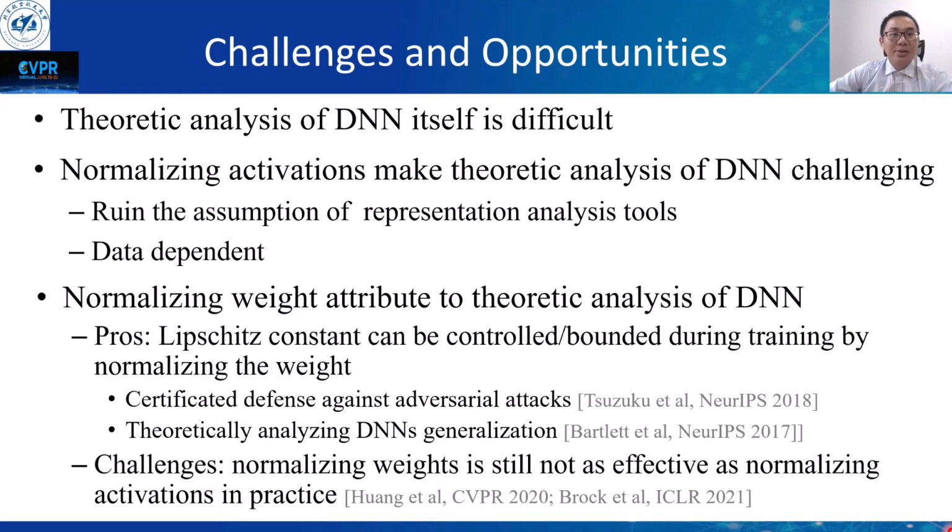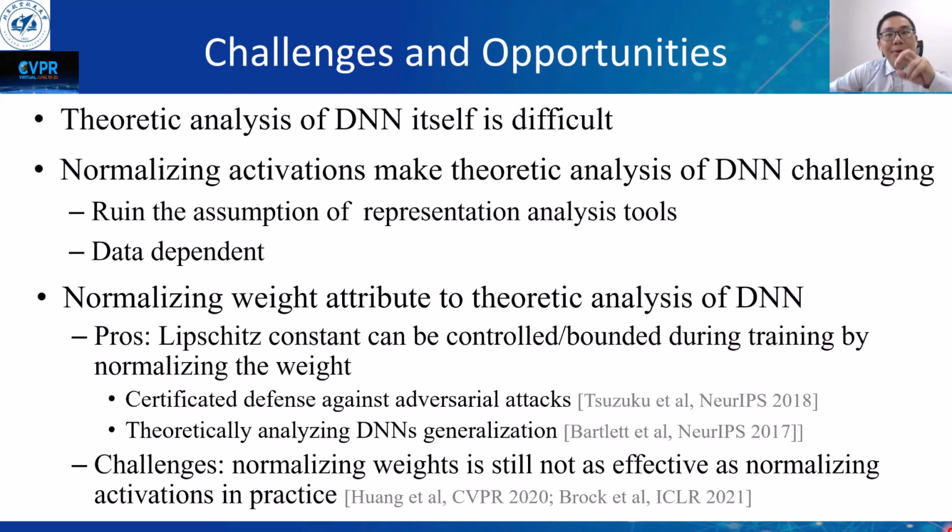In contrast, normalizing weights methods do not harm the theoretical analysis of deep neural networks, and can even contribute to boosting the theoretical results. For example, the Lipschitz constant with respect to a linear layer can be controlled or bounded during training by normalizing the weight with approximate orthogonality.